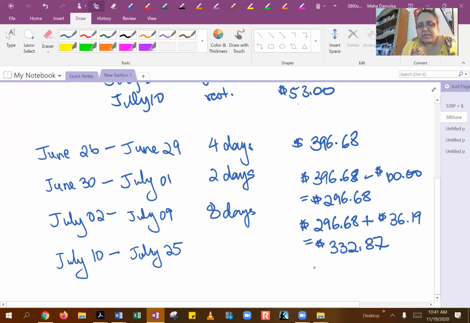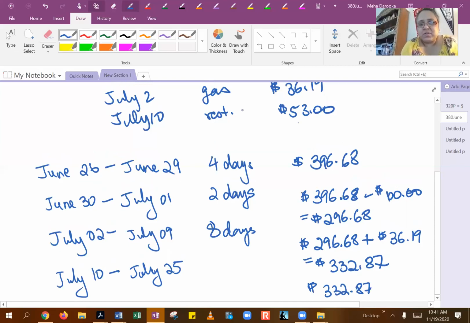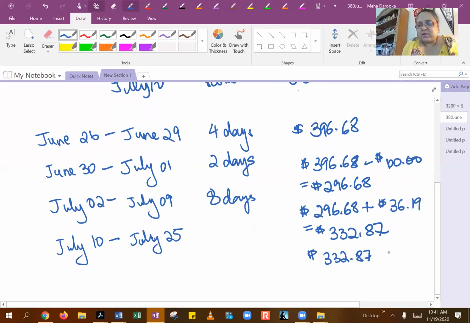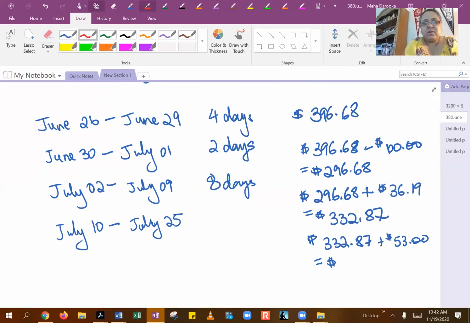And so that is going to be our $332.87. And this was your restaurant bill of $53. So we will be adding $53 to this new total. So same thing, what's our number of days and what's our new balance over here?